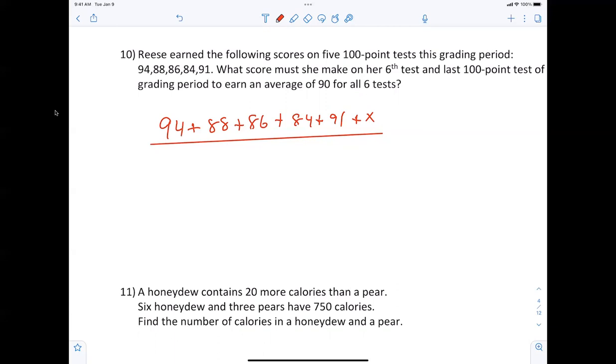Just let me show you real quick. I'm adding the numbers, right? The problem is I don't know what the 6th number is yet, right? So that's why it's plus X. I'm dividing it by how many numbers? 6, right? And I want the score to equal what? I want it to be what, guys? Hold up and listen to me. 90. Right?